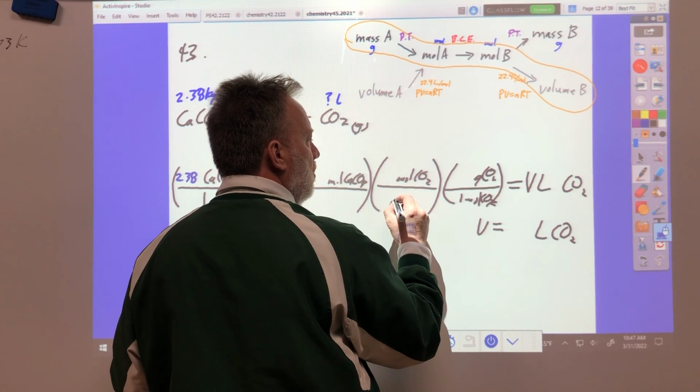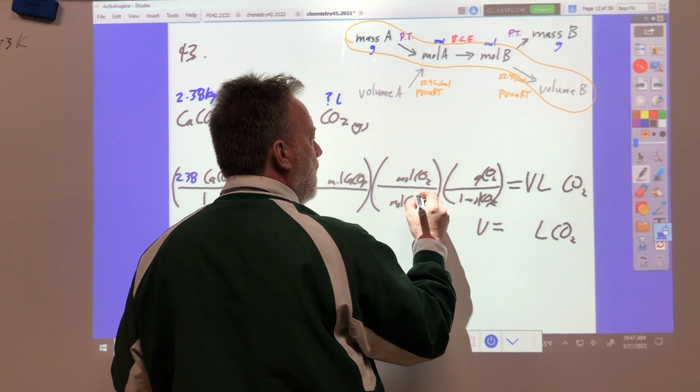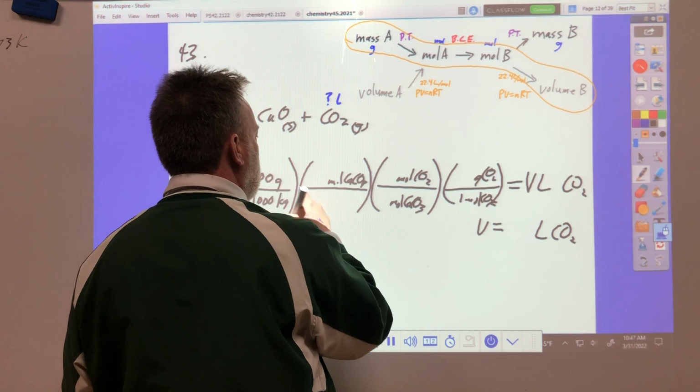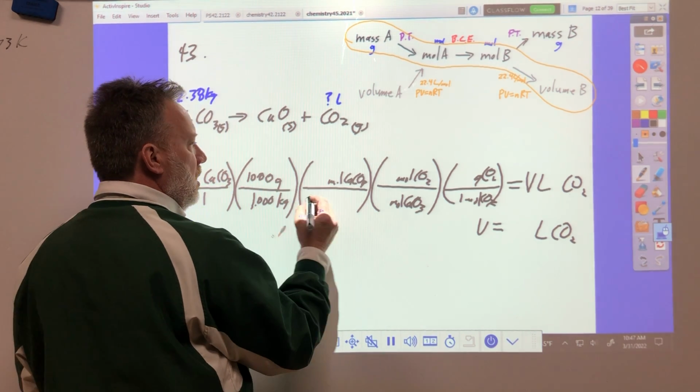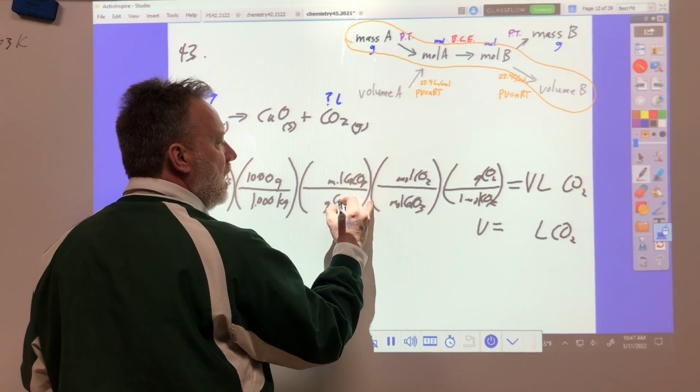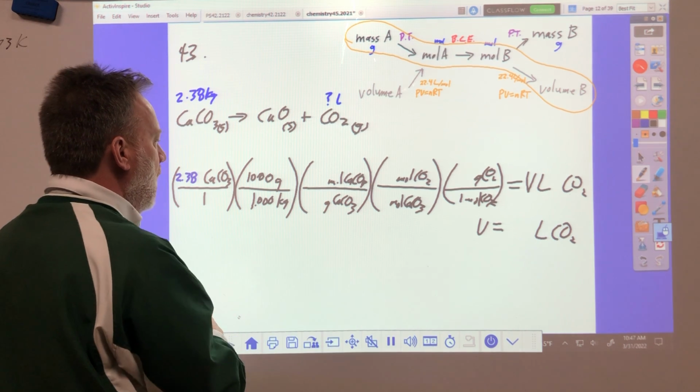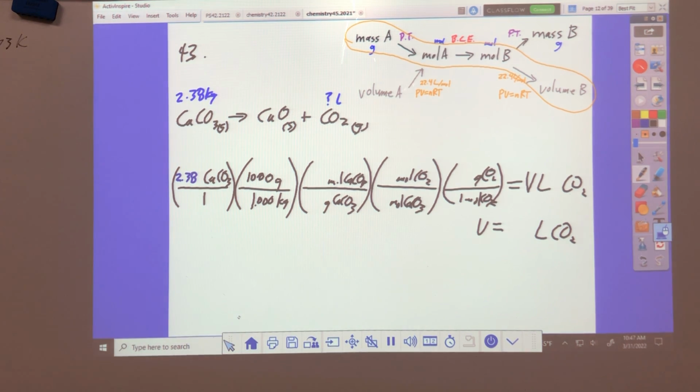This goes here, moles CaCO3. This goes here, in this case grams CaCO3. Because if we cancel through, cancel your units, we've got it.